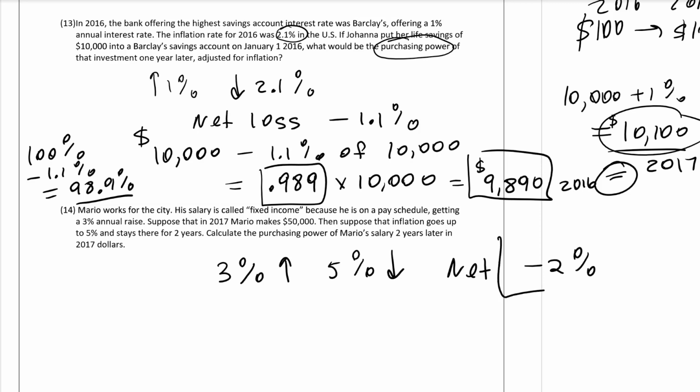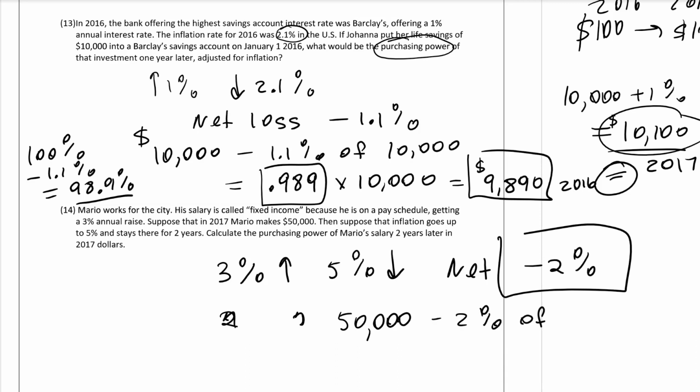Okay? And in this case, the net loss is 2%, so that means that his salary is going to change. The first year is going to be a 2% decrease. So that means it's 50,000 minus 2% of 50,000. Again, we're doing this so often that I'm hoping you're understanding how to deal with these percent changes.